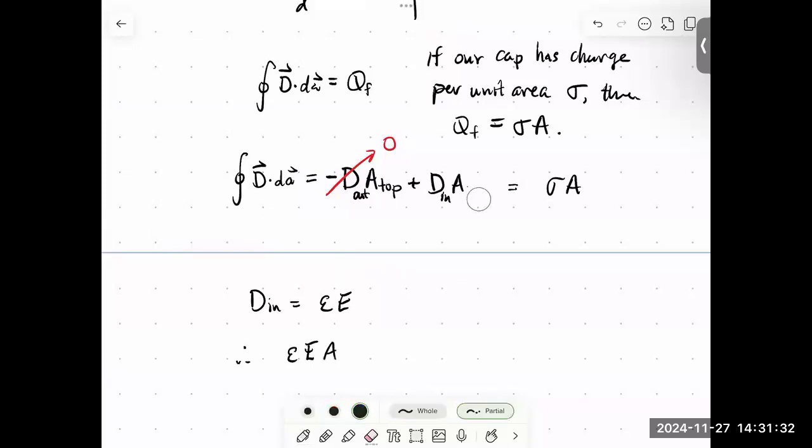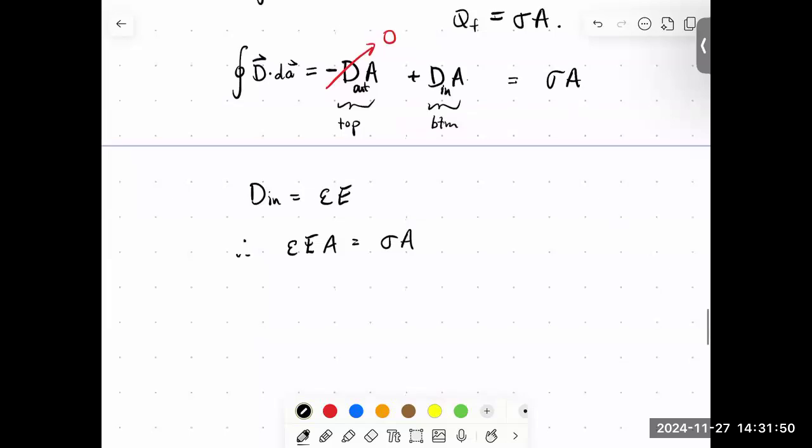The top and bottom areas are the same. So we'll say this is the top of our Gaussian surface, and this is the bottom of our Gaussian surface. That has to be equal to sigma times A. And so therefore, E is going to be equal to, well, the areas cancel, sigma over epsilon.